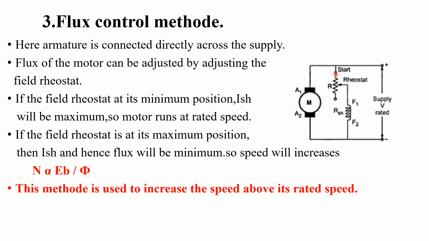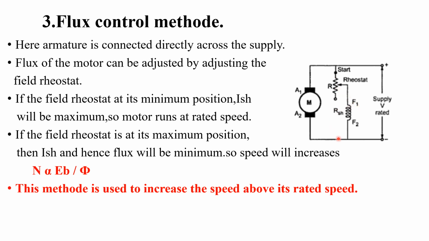So at the starting position, what will happen? Ish will be maximum. That means if the position is here, then the field current Ish will completely appear across this field. If the position of this rheostat increases, that means if the resistance increases, then what will happen?